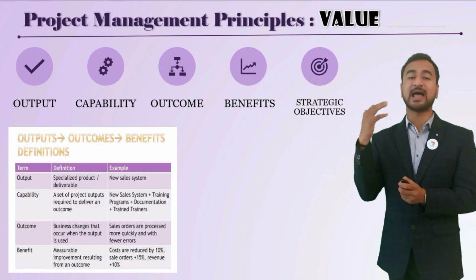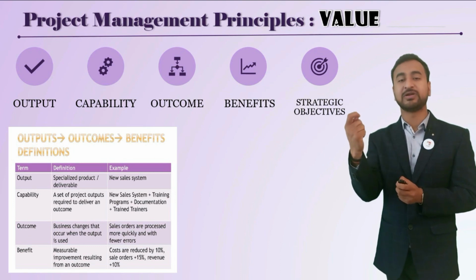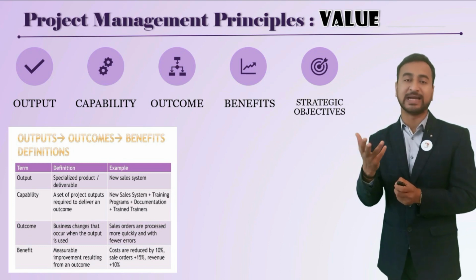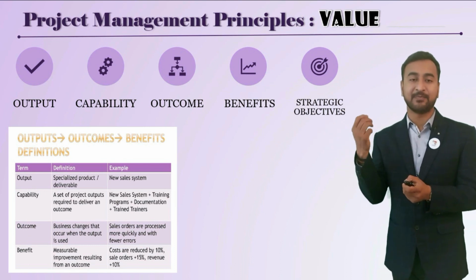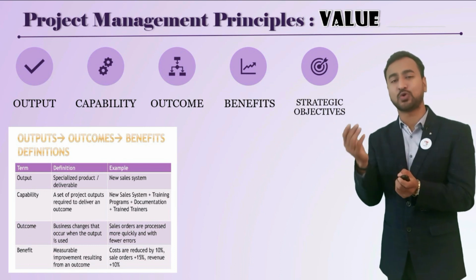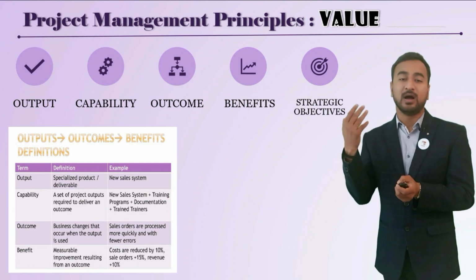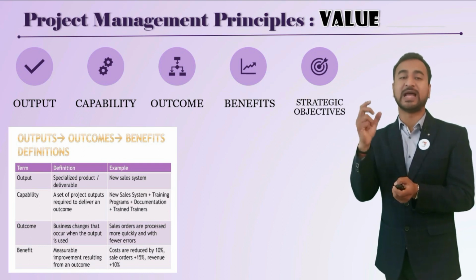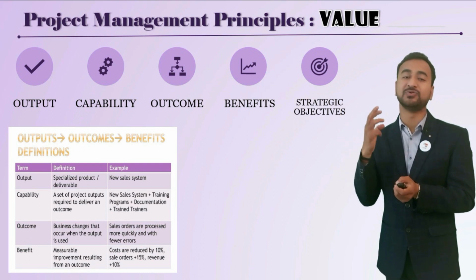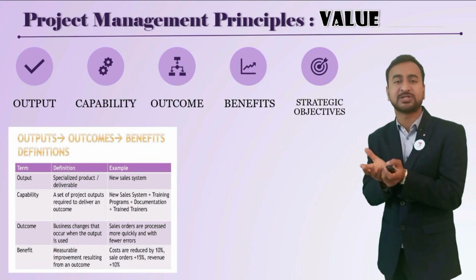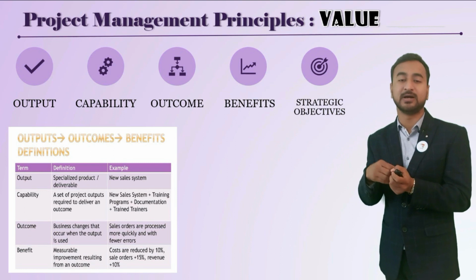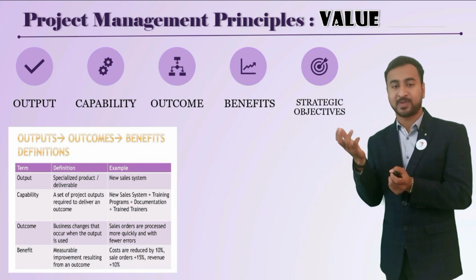So let's consider the output. I want to give you an example of what the output is, that is the product you use. Let's consider the example, you wanted to develop a software which produces the sales system. So that software is an output, but using this output you are not able to achieve the strategic objective. The strategic objective is to increase the revenue of the organization.